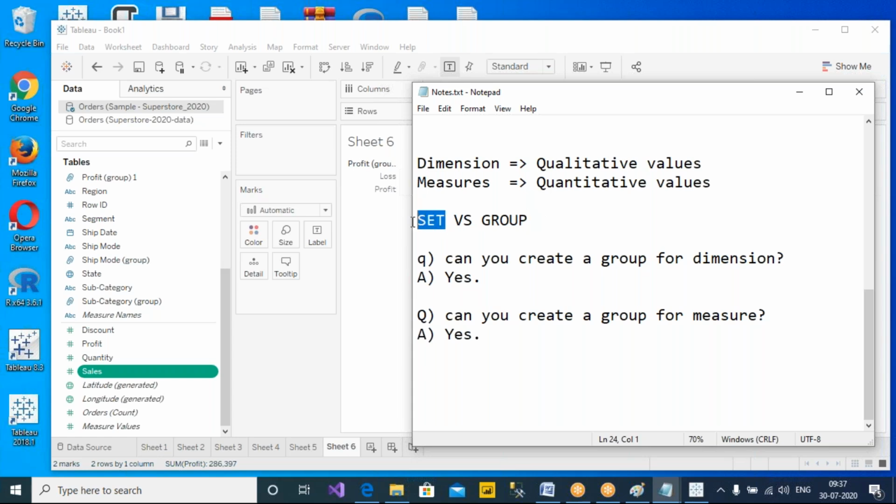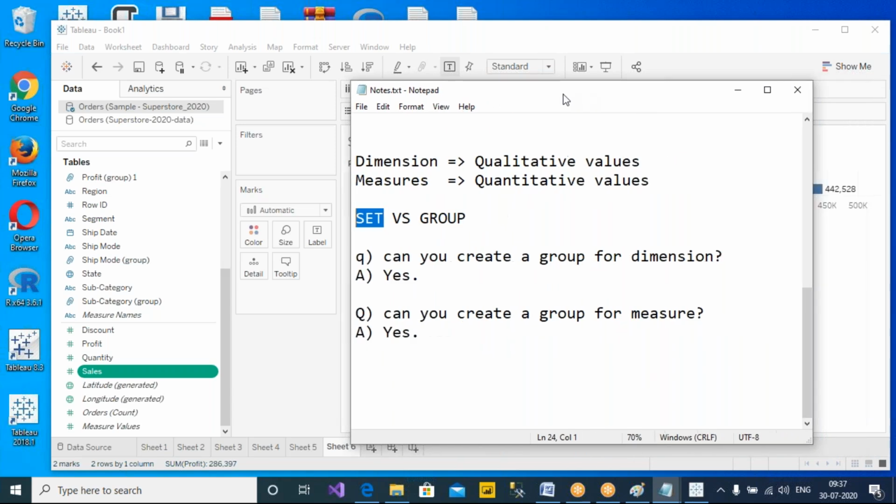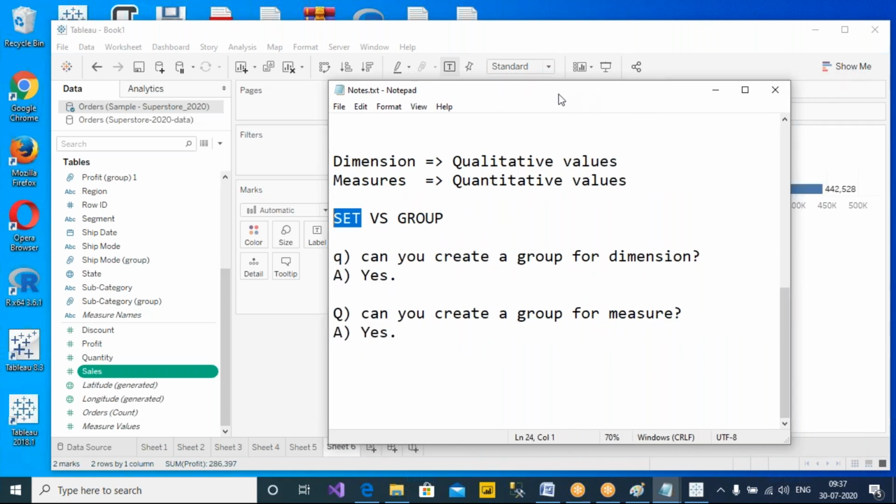But sets, generally we use them to compare the values. That's another minor difference, I would say. Okay, is that clear now? What is a set? What is a group? Any questions? Now it's time for questions.